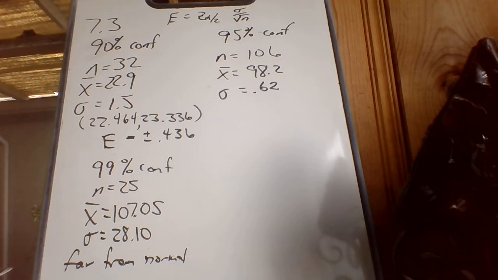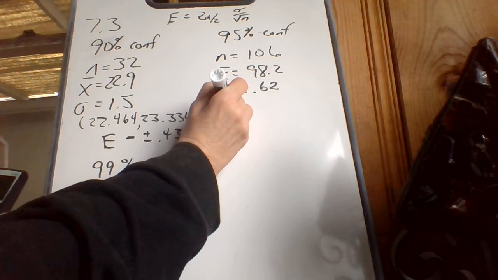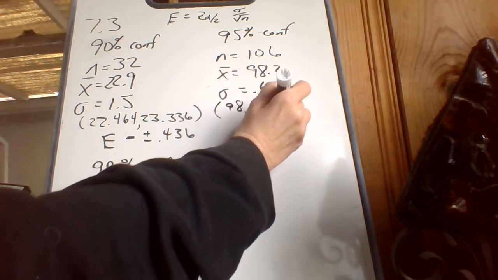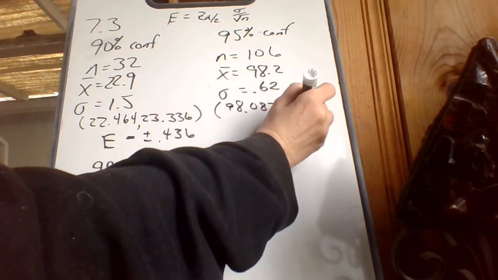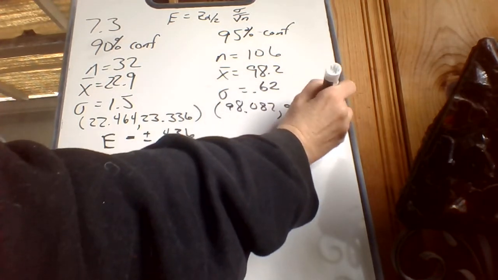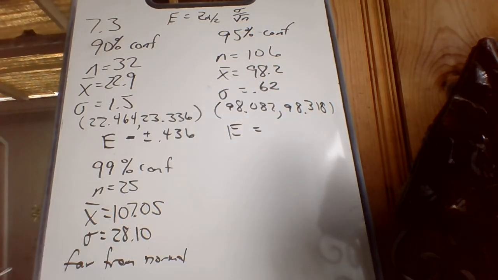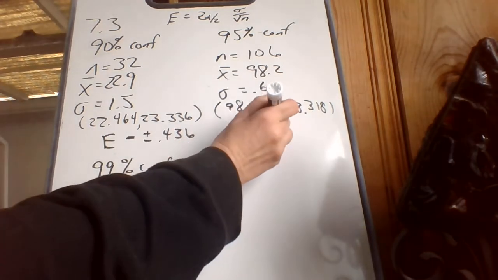And calculate. On my paper, I write 98.082, comma, 98.318. E equals 98.318 minus 98.082. Enter. Divide by 2. Plus or minus 0.118.